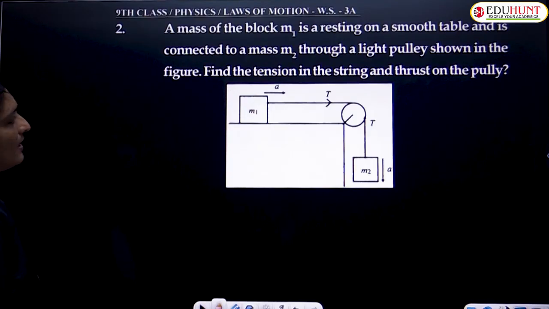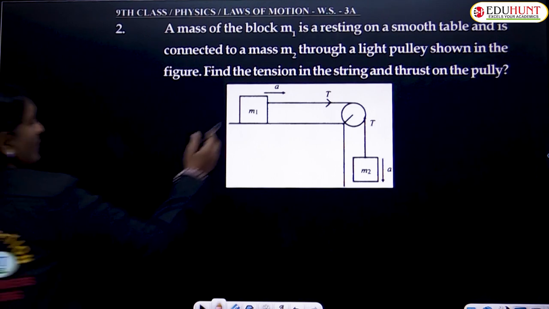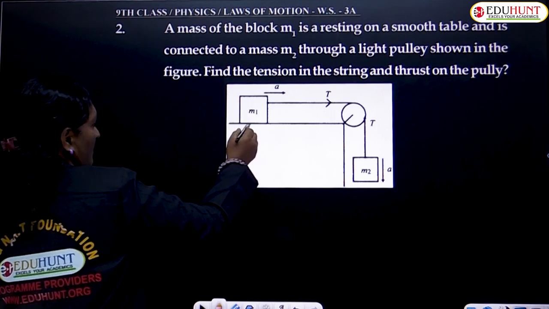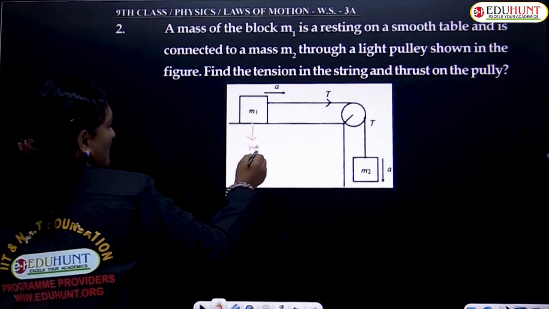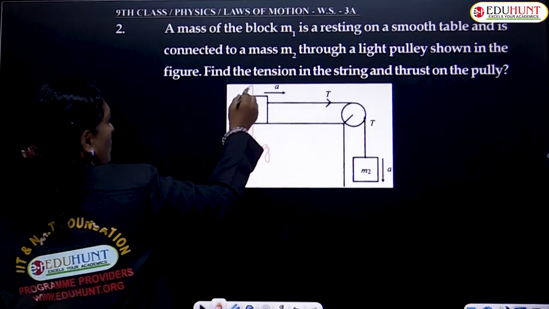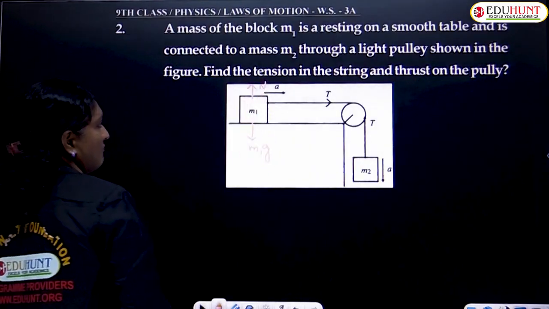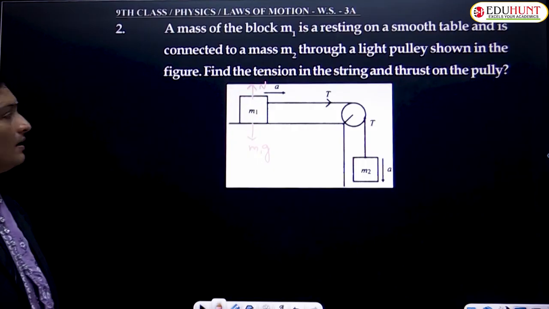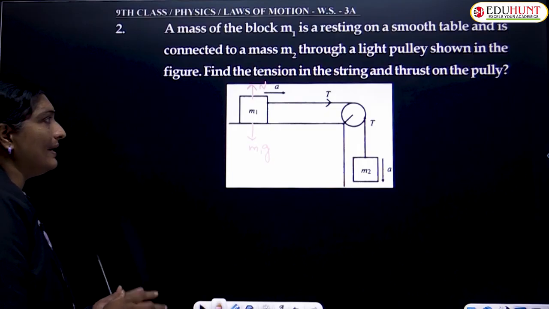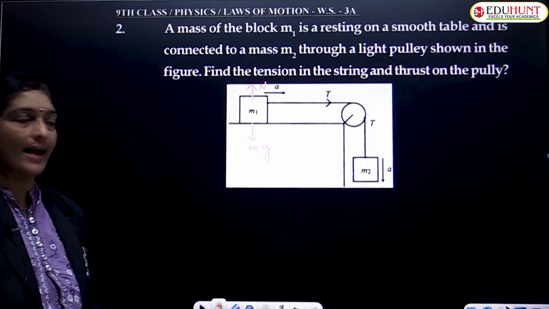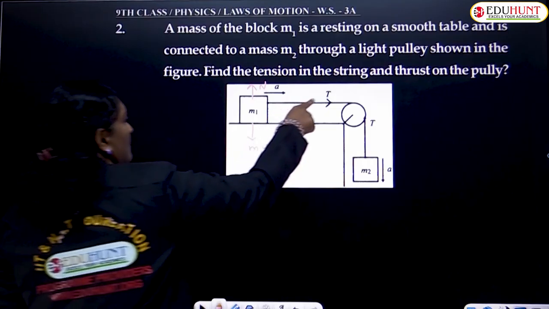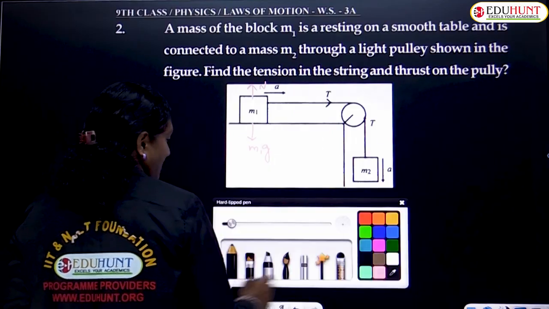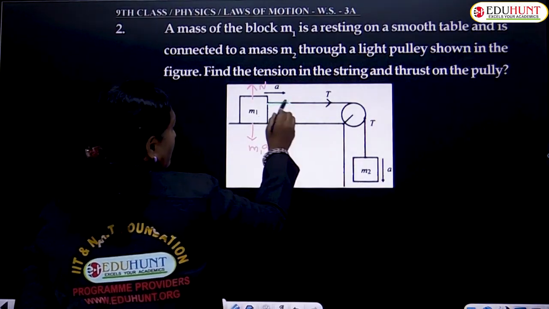Before finding the tension in the string, let us first find the acceleration of the system. If you observe the mass M1, its weight is acting downwards and the normal reaction is acting upwards, and the normal reaction is balanced by the weight of the body. So the only unbalanced force acting on the system is the tension T, acting rightwards.